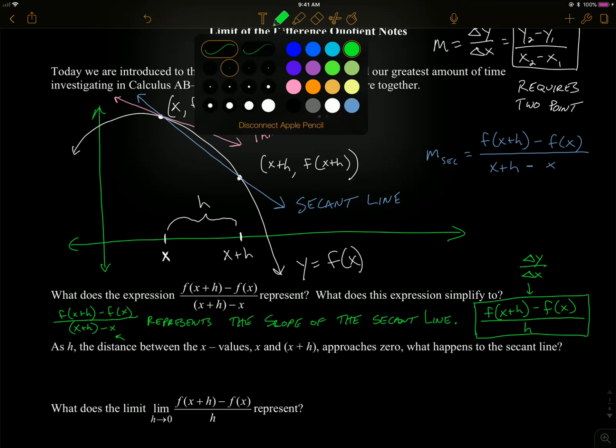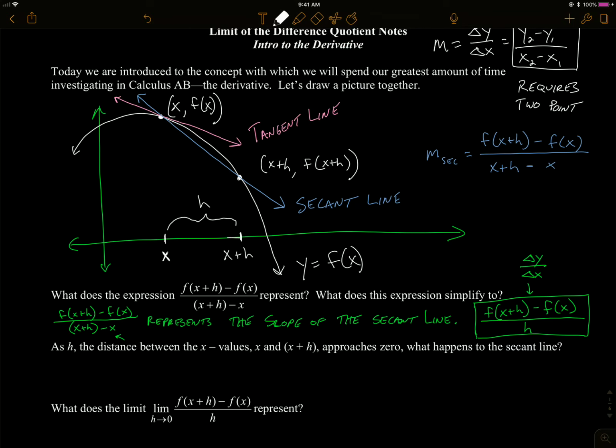That means I'm going to pull that x value closer and closer to x. So this point's going to move along the curve closer and closer to our desired point where the tangent line is. What's going to happen to h? H is going to get smaller and smaller, so h is going to be approaching 0.